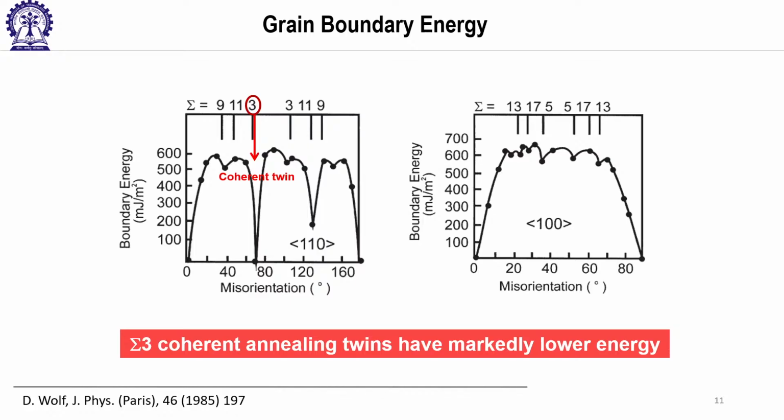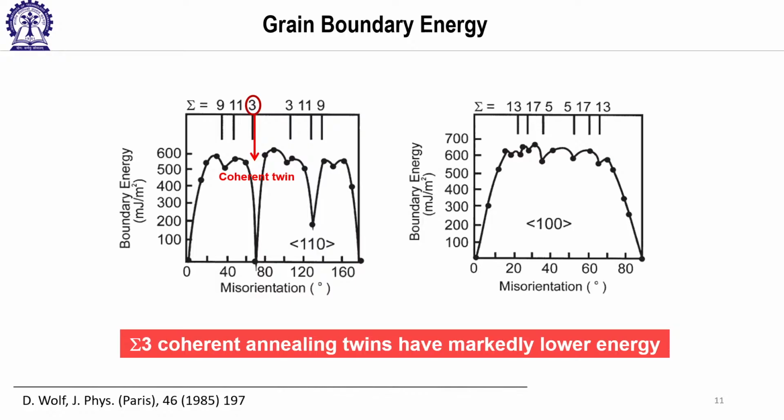Because they can lie on different grain boundary planes. That is why I said that these are some assumptions. We are missing some important degrees of freedom, but by and large, at least in both cases, you can find that the energy is lower as compared to random high angle boundaries.